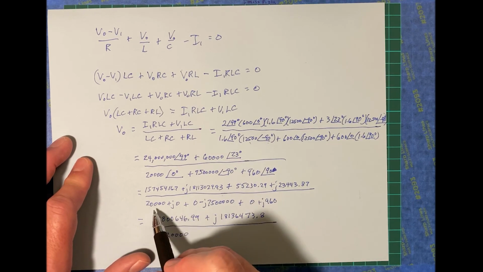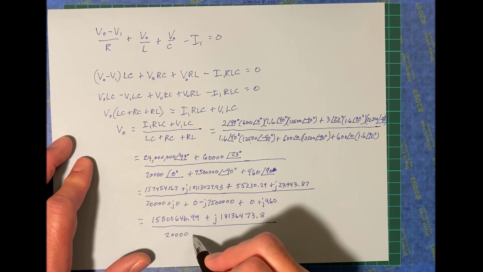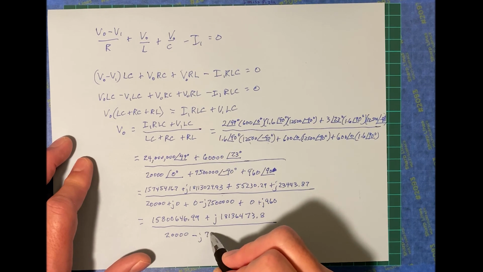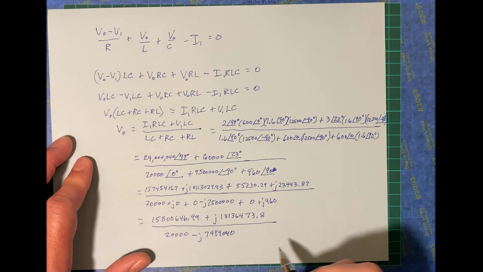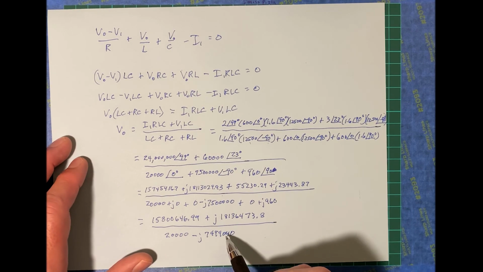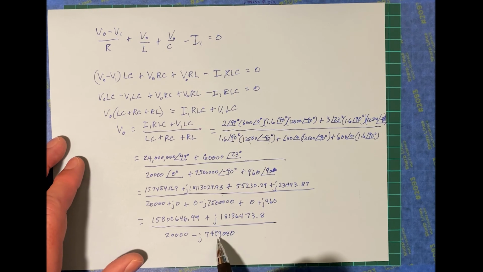There's only that real component right there. And then these two components here, minus j74,99040. Okay, we've combined those, and now we've got rectangular on top, rectangular on bottom.